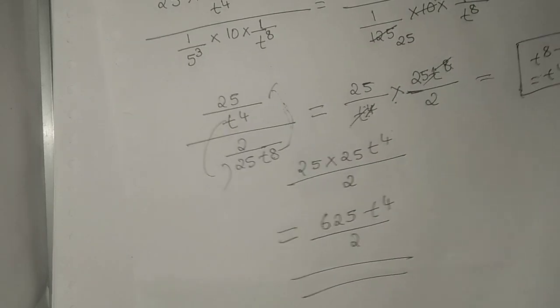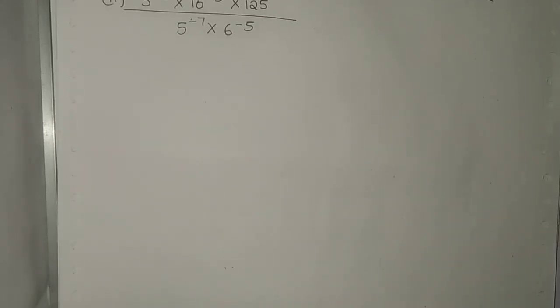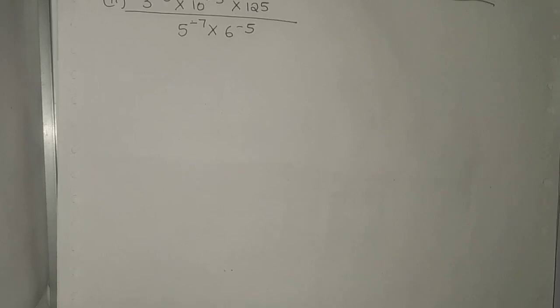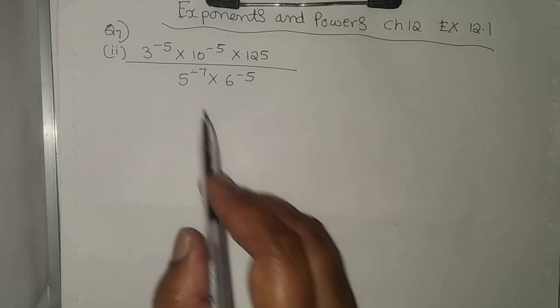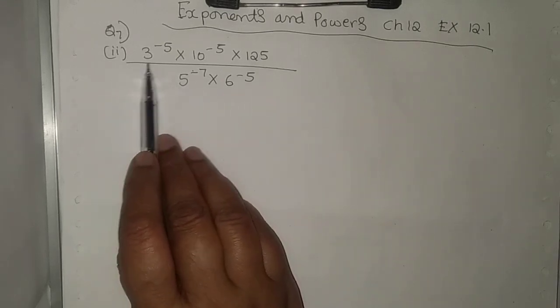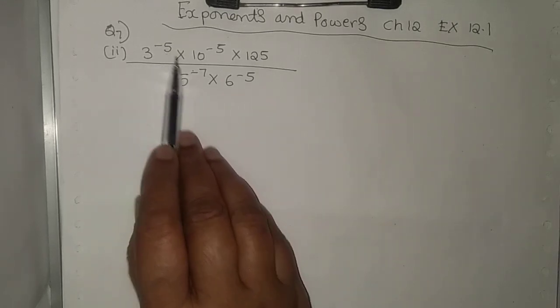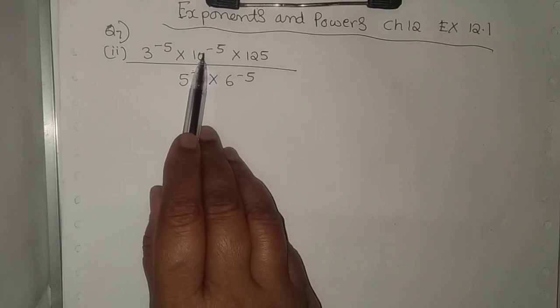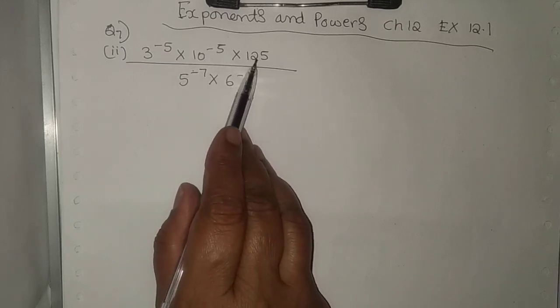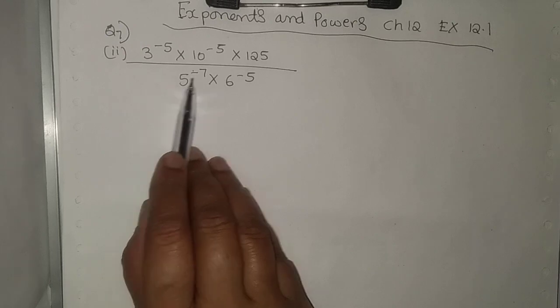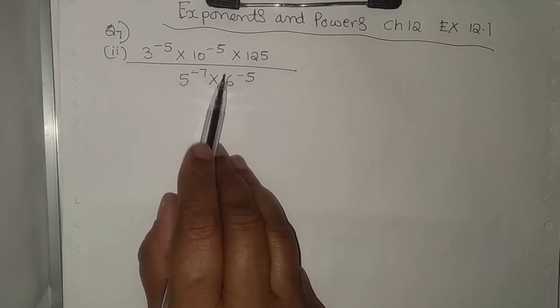Next we move on to the second question. So this is 3 power minus 5 into 10 power minus 5 into 125 divided by 5 power minus 7 into 6 power minus 5.